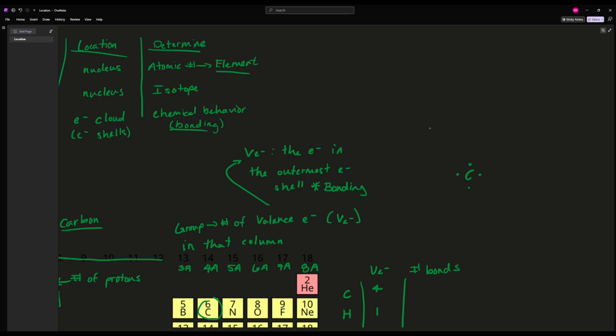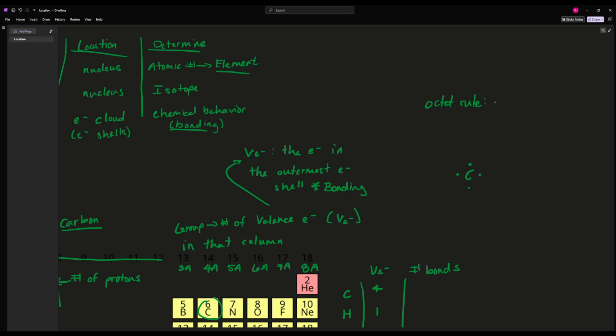What we have to remember or learn about is what's called the octet rule. Under the octet rule, elements achieve stability when they reach a full outermost electron shell.